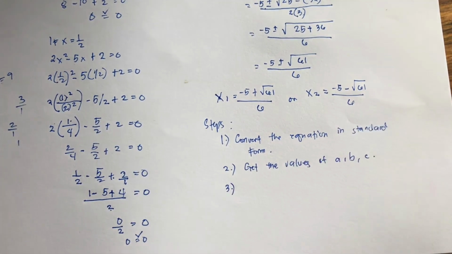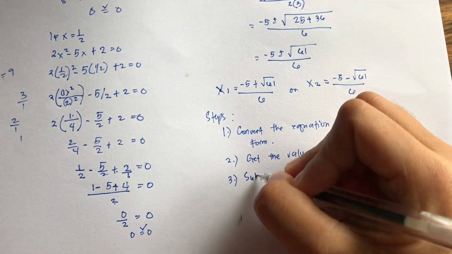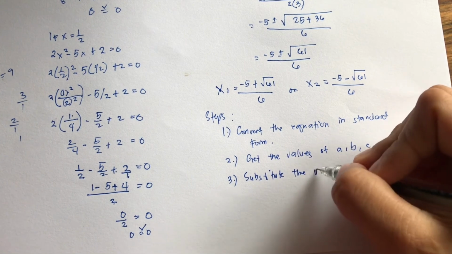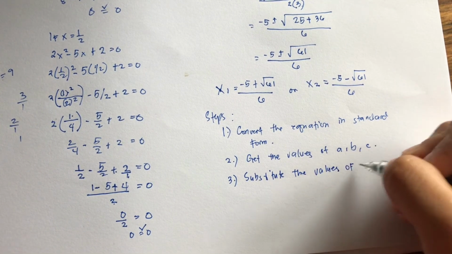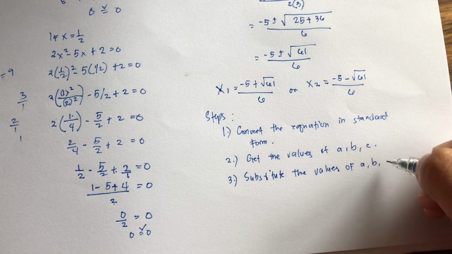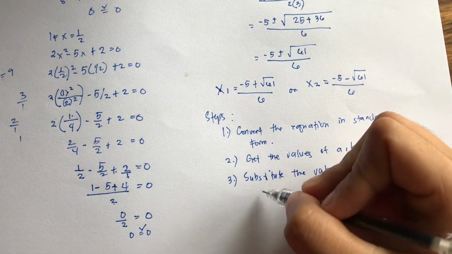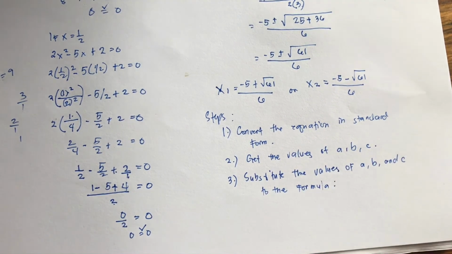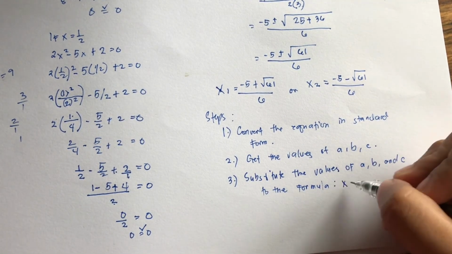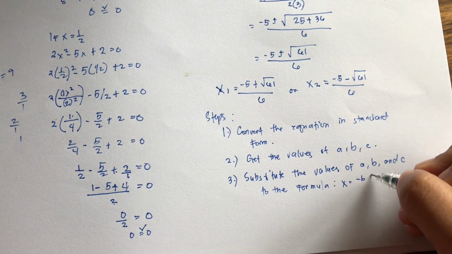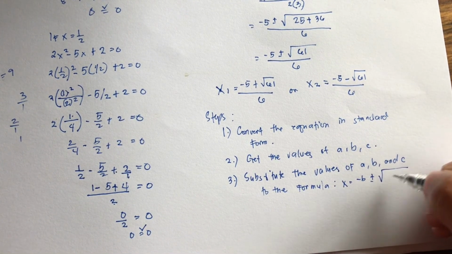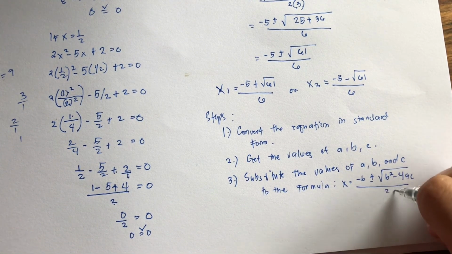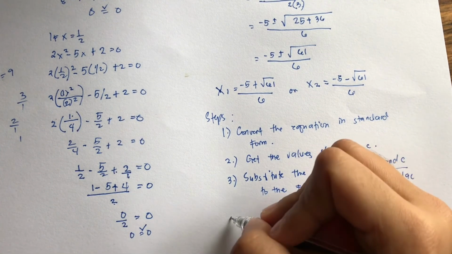The third one, substitute the values of a, b, and c to the formula, which is x equals negative b plus and minus the square root of b squared minus 4ac all over 2a.